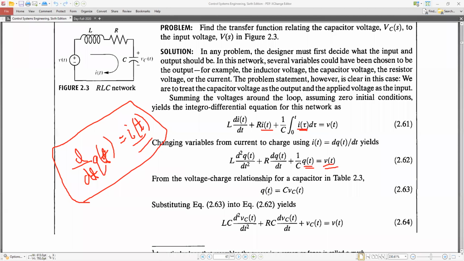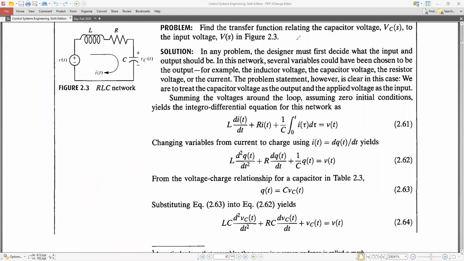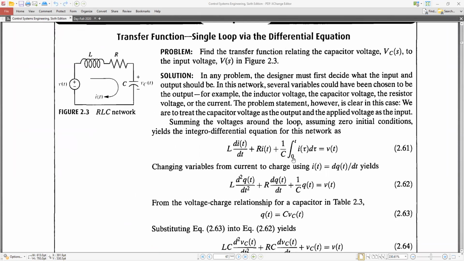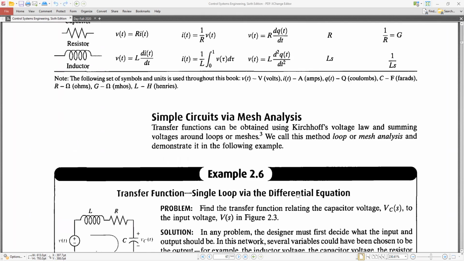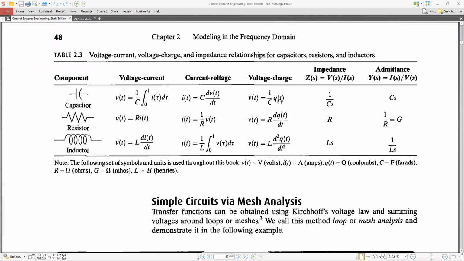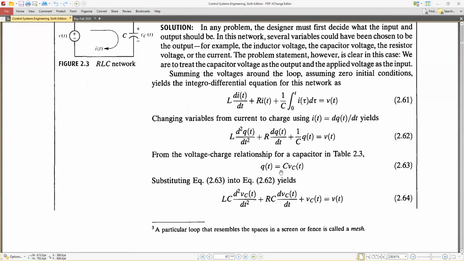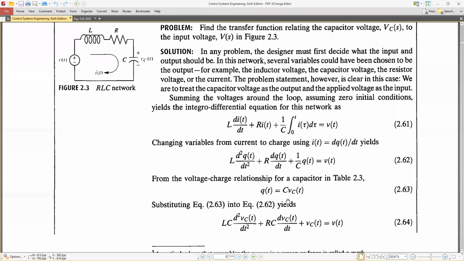Now we can change q(t). From table 2.3, what is q(t)? Instead of q(t), we can write C VC(t), where VC(t) means the capacitor voltage.